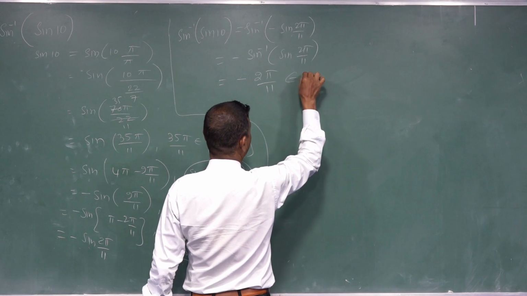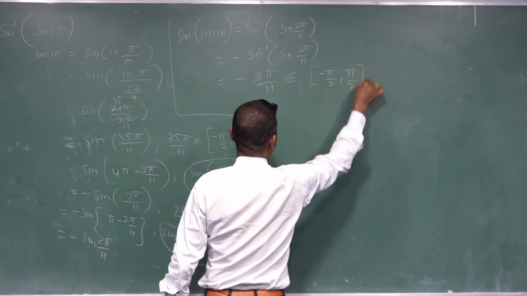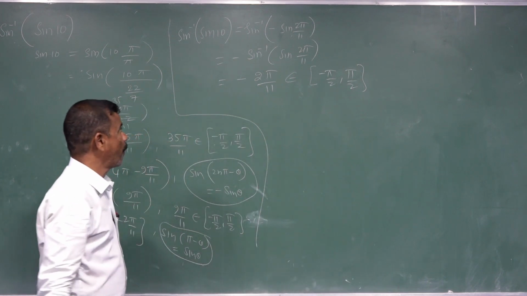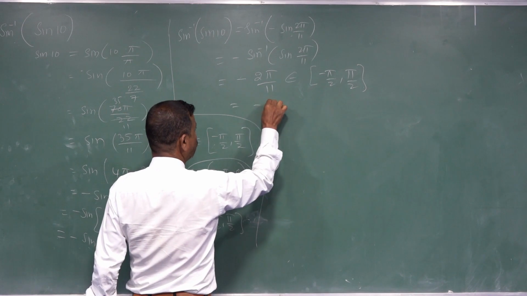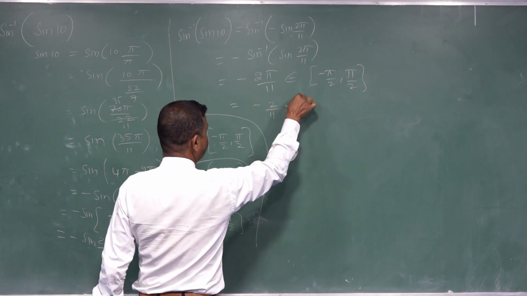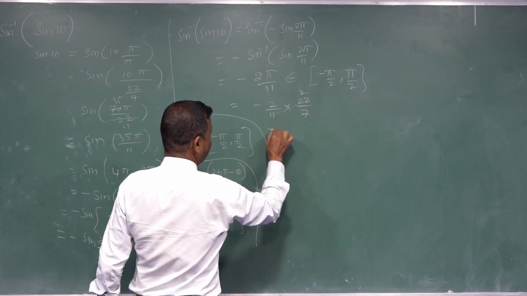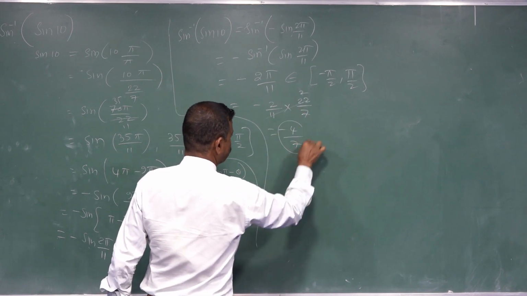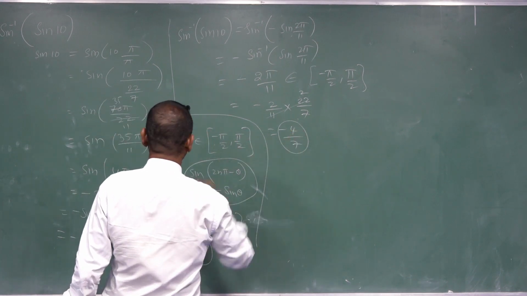So here this value belongs to minus 90 to plus 90. So what is this value actually? 2 by 11, 5 value 22 by 7, 11 twos minus 4 by 7. So in terms of numbers, 4 by 7.